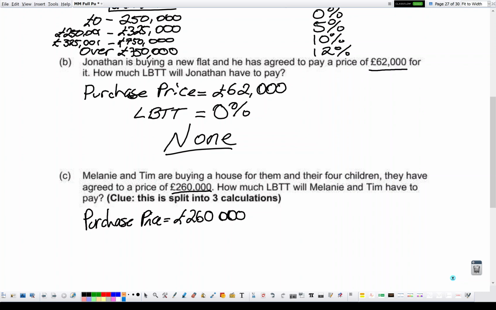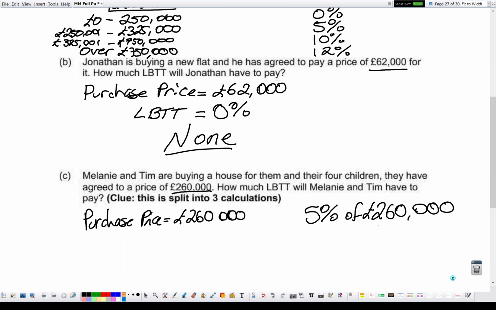But here's how tax works. You do not get charged 5% of the entire £260,000. So the most common thing people will do here is do 5% of the whole thing, £260,000, and that'll be whatever that is, £13,000 of extra money you'd have to pay in tax.